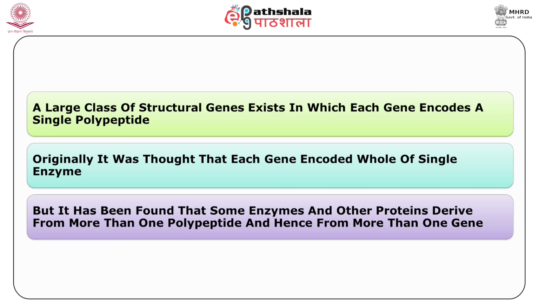Originally, it was thought that each gene encoded the whole of a single enzyme, but it has since been found that some enzymes and other proteins derive from more than one polypeptide and hence from more than one gene.